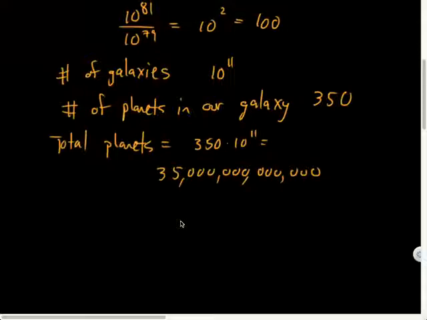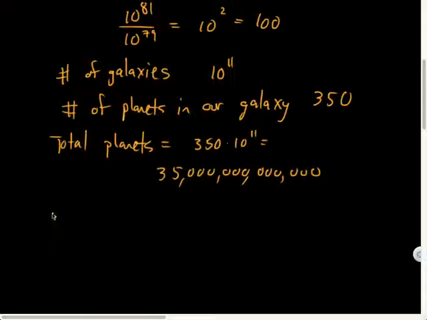I think that's 35 trillion, the estimated number of planets that we've got. And maybe at this current rate, assuming the next planet we find will have life on it, we could assume that 1/350th of those would actually have life. Anyways, that's an estimate of the total number of planets. So that's kind of interesting as well.